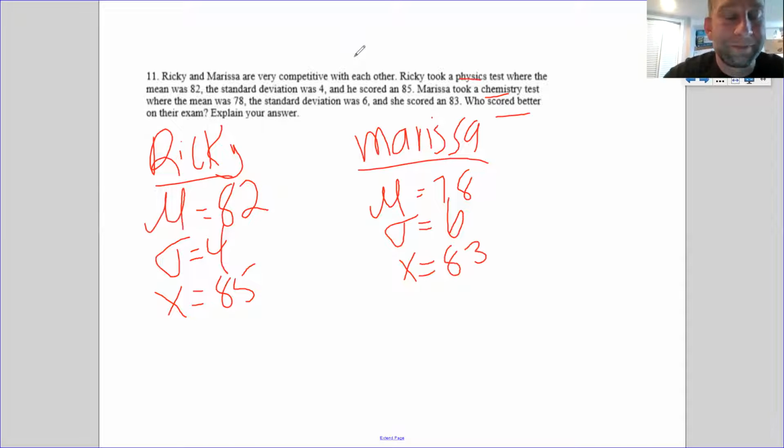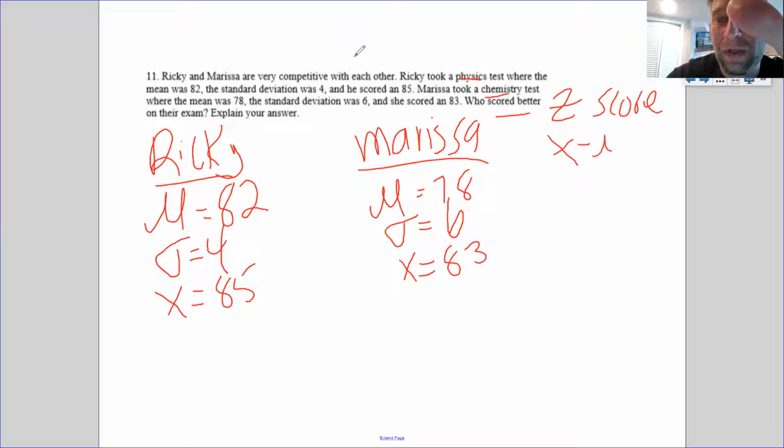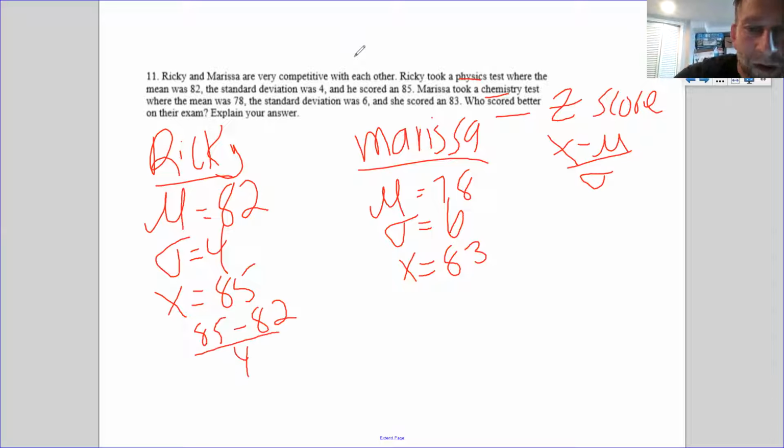Who scored better? When you're comparing 2 separate events, you need to find the z-score. Z-score is x minus mu over sigma. So for Ricky, it's 85 minus 82 over 4.